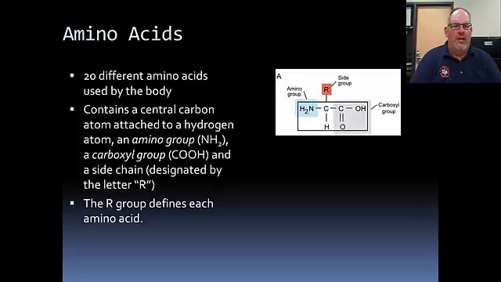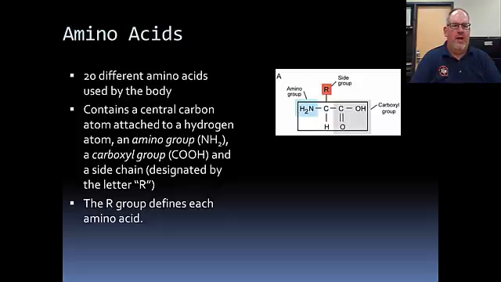All of them are going to contain an essential carbon molecule. Off the side, there's going to be an amine group, which is a nitrogen with 2 hydrogens. There's going to be a carboxyl group, which is a carbon with a double-bonded oxygen and a hydroxyl, which is an OH group attached to it.